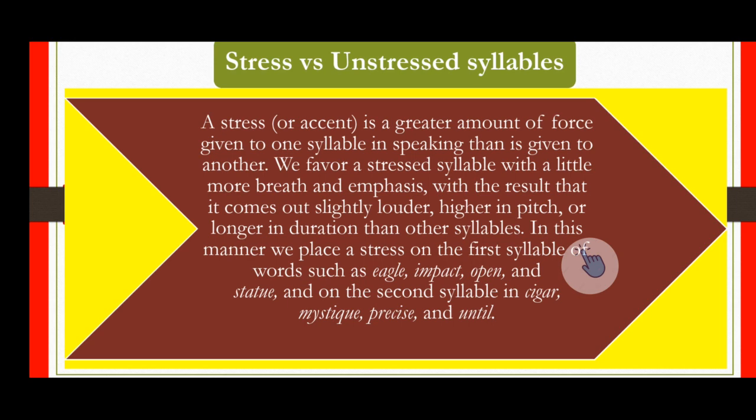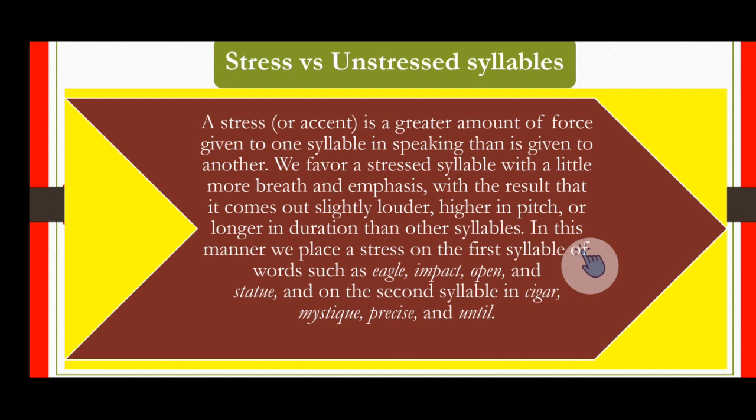For example, if I say man, in man we have two consonants and one vowel sound. Or if I say until, here we have two syllables. One is un, because we have a vowel and a consonant. Then we have another syllable, till. In till we also have one vowel sound and two consonants.